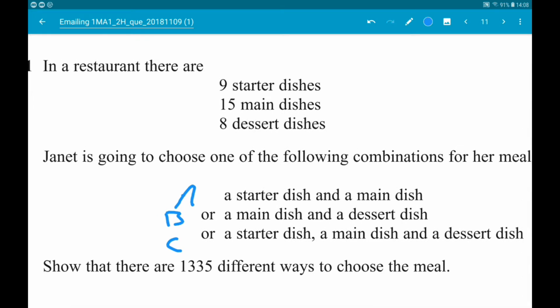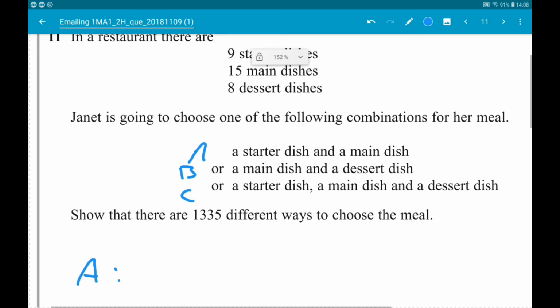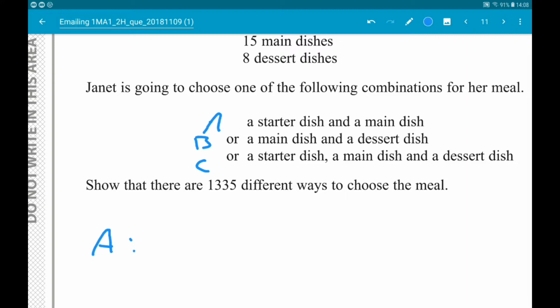So we have 9 starters, 15 mains, so that's 9 times 15, which is 135.